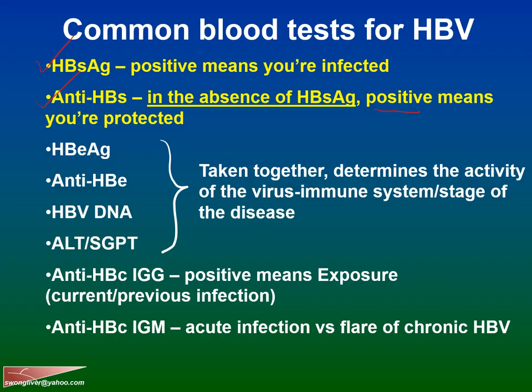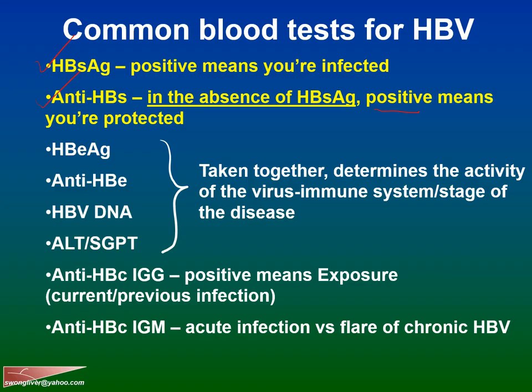a protective antibody, right? So in these cases, you believe the HBs antigen over the anti-HBs, because the anti-HBs in these cases where the S antigen is positive is not a protective antibody. It's an antibody that is directed against a different serotype of the hepatitis B surface antigen.